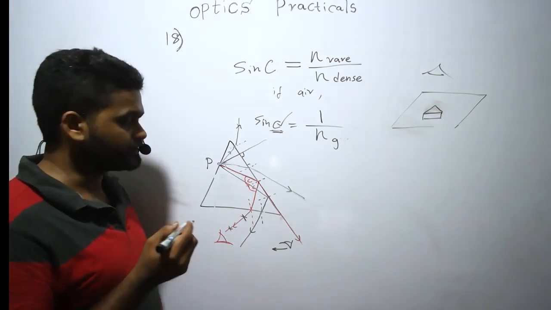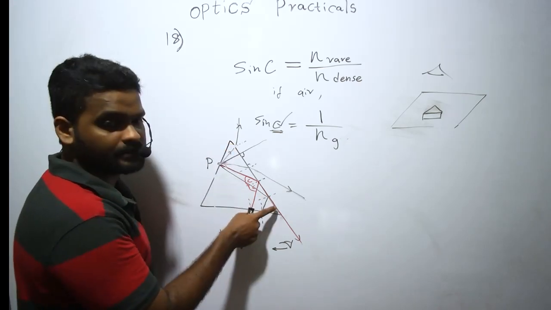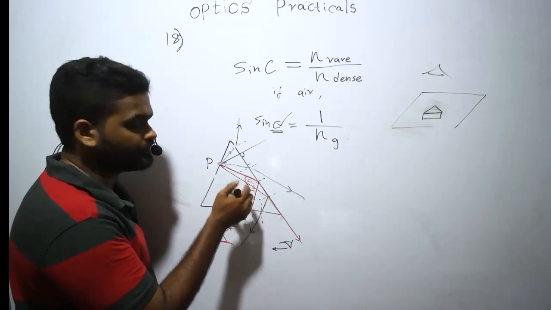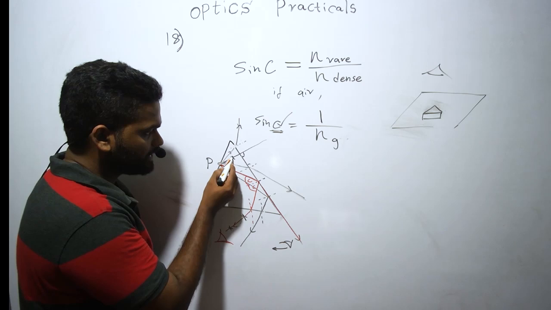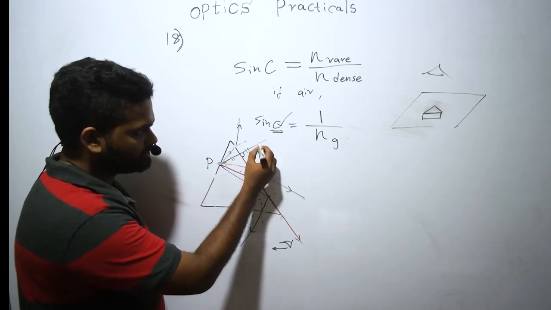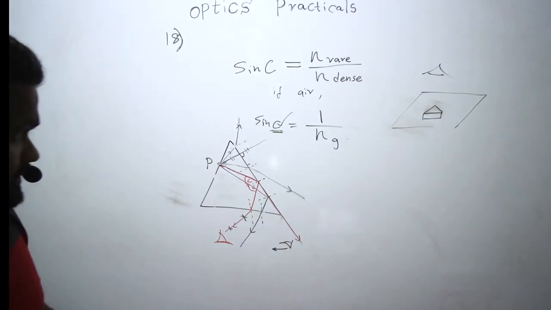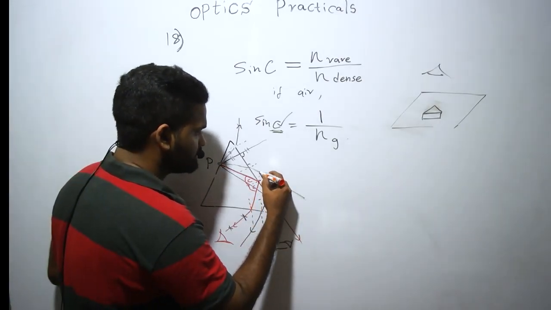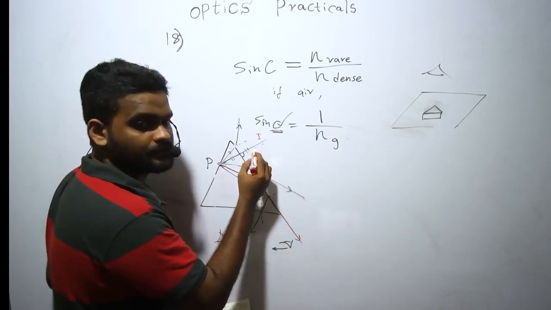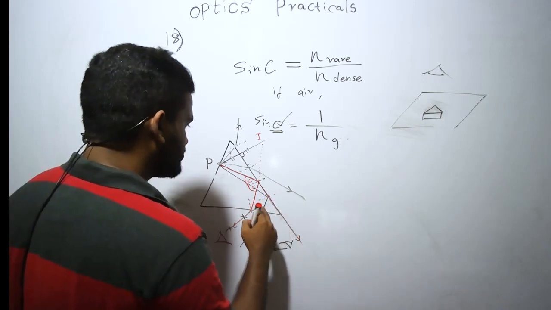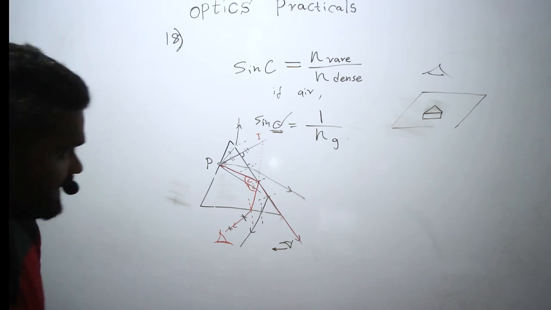Another thing I have to say is this side acts as a mirror as well, right? So you have an object here. In a mirror, what happens? At the same distance, it causes an image, right? So that image should be along this line. This image, right? Here as well, it should be the case.